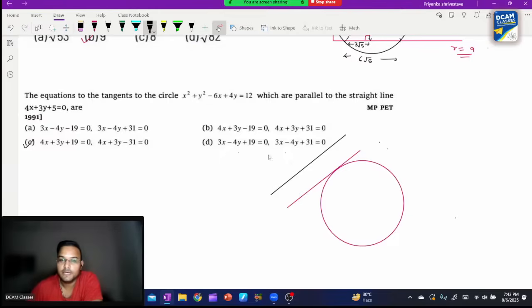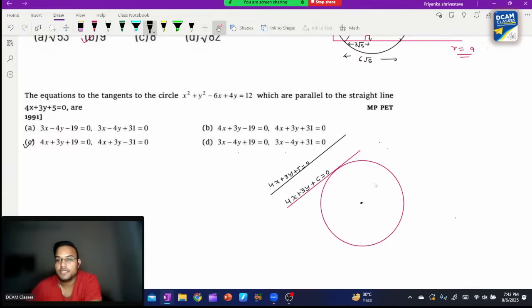Our tangent is parallel to this line 4x plus 3y plus 5, and from the knowledge of straight line we know a line which is parallel to another differs only in constant. So 4x plus 3y plus c I can take, some constant. Parallel lines differ only by constants because they have the same slope.